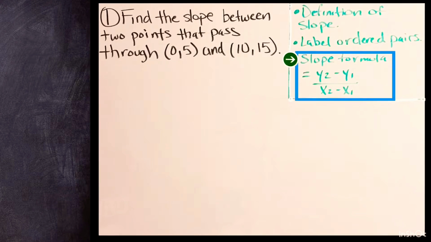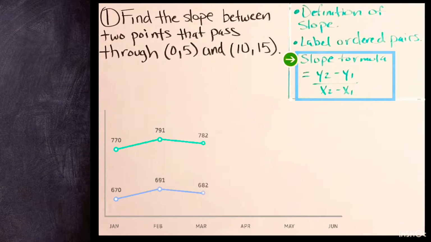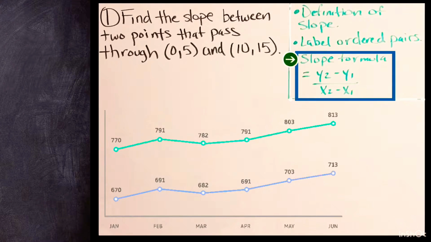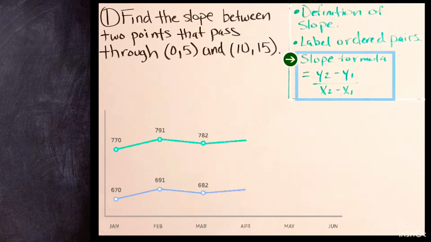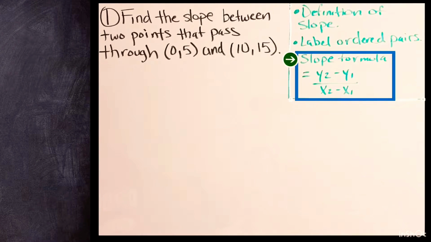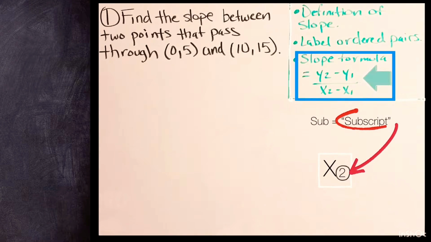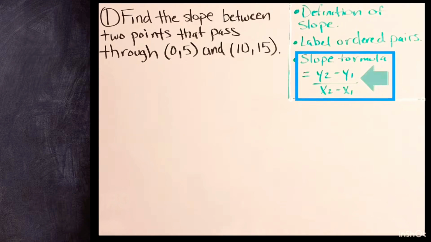This slope formula is just a nice shortcut to find the slope instead of actually drawing a graph and trying to guess how far one point is from another point. And that formula is y sub 2, and when I say sub, that's short for subscript, so you hear me saying sub instead of subscript. Y sub 2 minus y sub 1 over x sub 2 minus x sub 1.